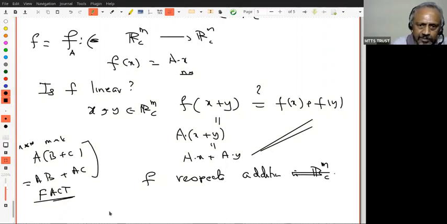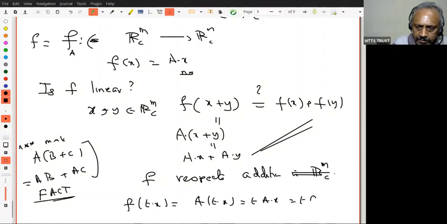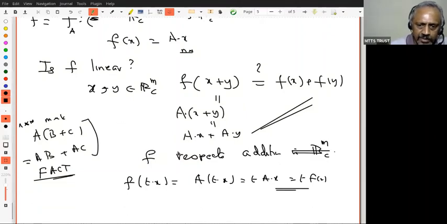Now, scalar multiplication is again the same thing. F of Tx will be A times T dot X. But remember, this is the same as T dot A dot X, which is T times Fx, because T is a scalar. This also you know from matrix algebra, right?